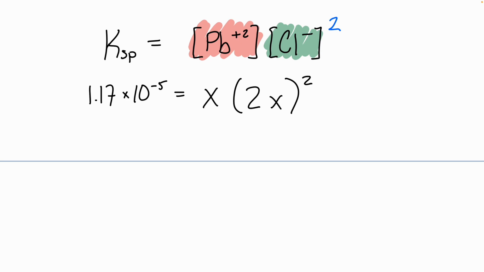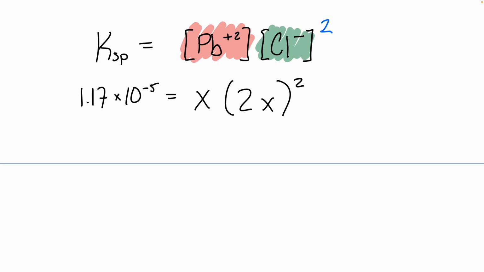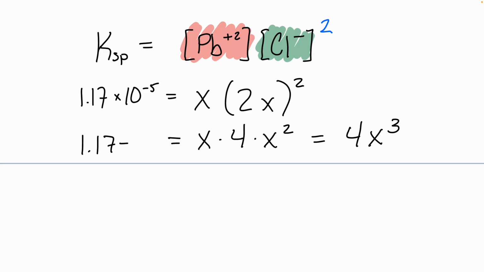And if we were really feeling lazy, we could go to our solve feature on our calculator. But the math isn't too crazy here. All right, x times 2x squared. Well, that would be 4x squared. So we got 4x cubed.